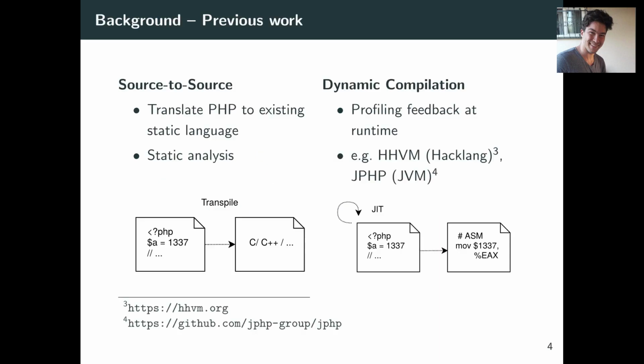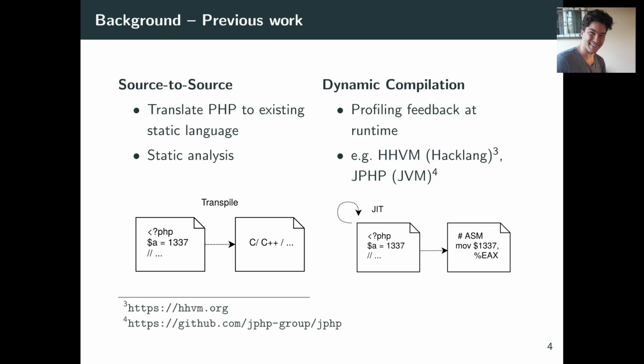When studying previous work, we distinguish between two main categories of approaches to accelerate PHP's performance. There is a source-to-source approach, where PHP is translated to a typically statically typed language, such as C++, for instance, and then relies on existing compiler technologies for optimizations.